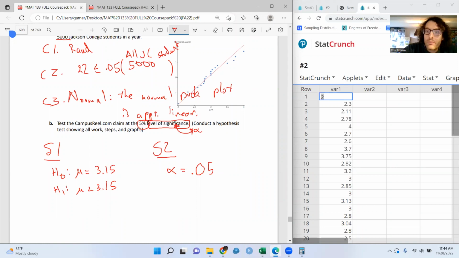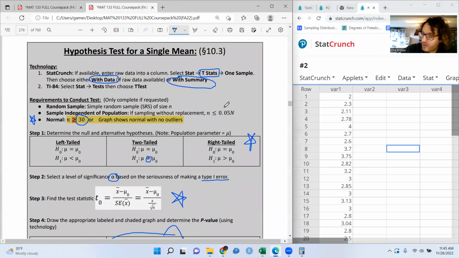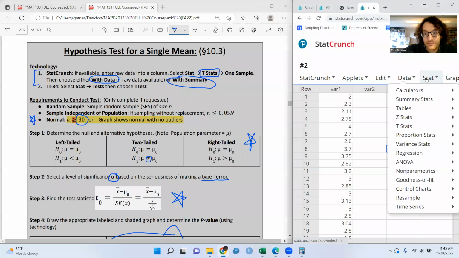Okay, so then we do step 3. Now, I'll just show it to you. We'll have another one where you get to do it yourselves. As a reminder, you don't have to memorize what I'm showing you here. You just have to know where to read it. It's right here. If available, enter raw data into a column, check. Then go to Stat, T-stats.